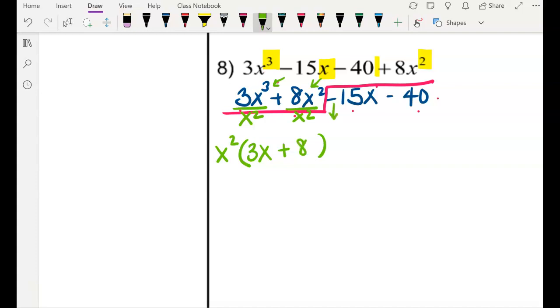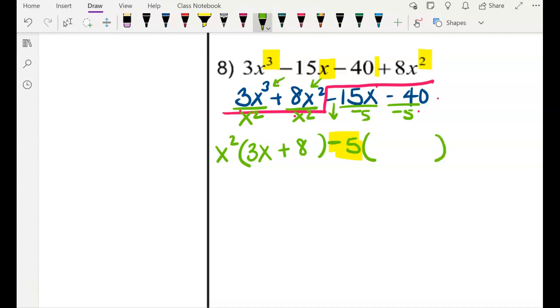Remember, if this is a negative, you drop it down right away because you're going to factor the negative number then. 15 and 40, definitely a 5 in common, right? So we factor out a negative 5 here. Divide each side by negative 5. So what that means is the leftover will go in the quantity set.